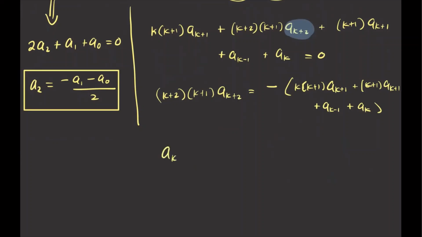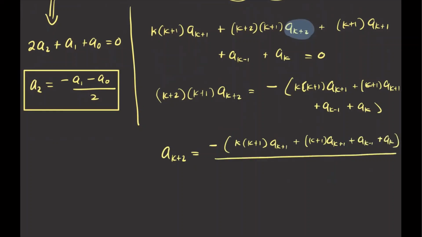So our a sub k plus 2 is going to be negative all of these guys. So you have k times k plus 1, a sub k plus 1, plus k plus 1 times a sub k plus 1, plus a sub k minus 1, plus a sub k, all over k plus 2 times k plus 1.